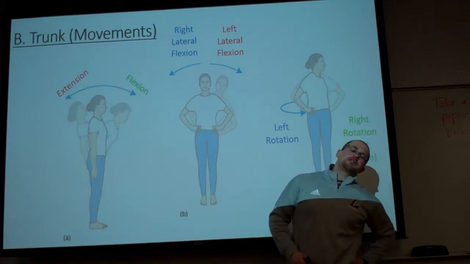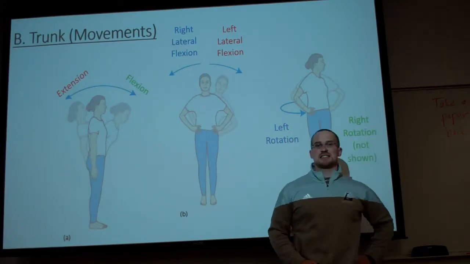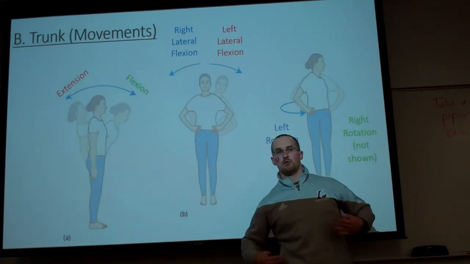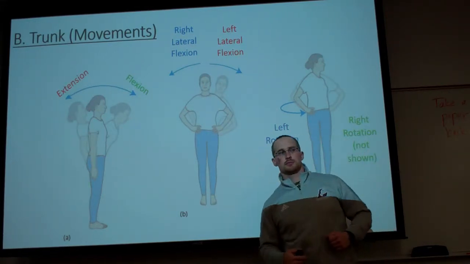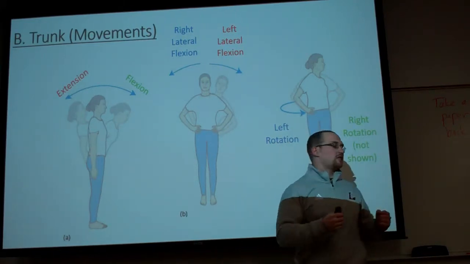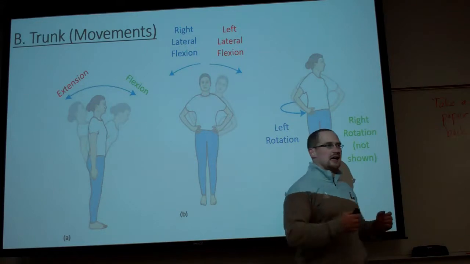Right and left lateral flexion, side bends. This would be a frontal plane movement. And then we got rotation, left and right rotation. Same as with the head and the neck. Again, in the rotational movement, we're thinking transverse plane.